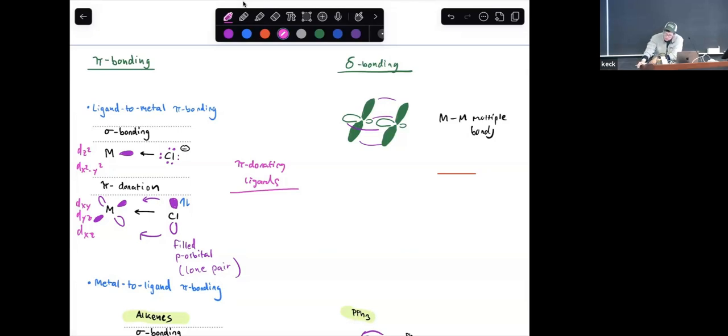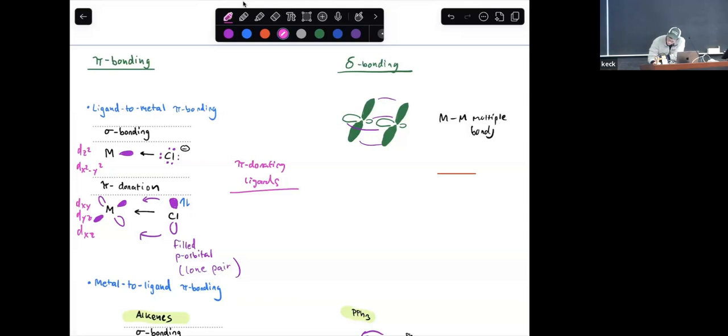And pi donor ligands are those that have lone pairs on the ligand, even when coordinated to the metal. So they have one lone pair that's engaging in bonding to the metal, and then they have another lone pair somewhere on the ligand that can engage in further bonding. So let's consider chloride as an example.